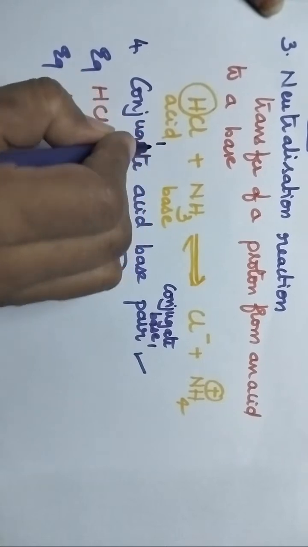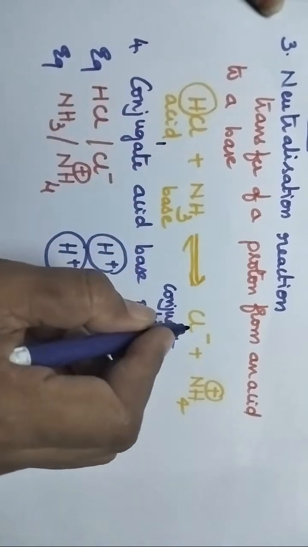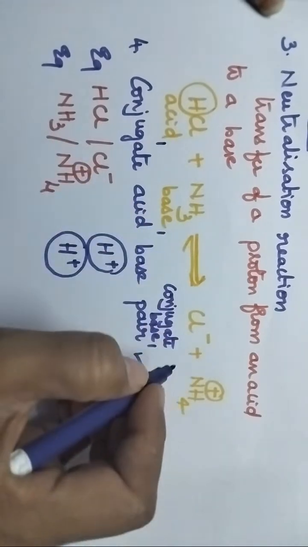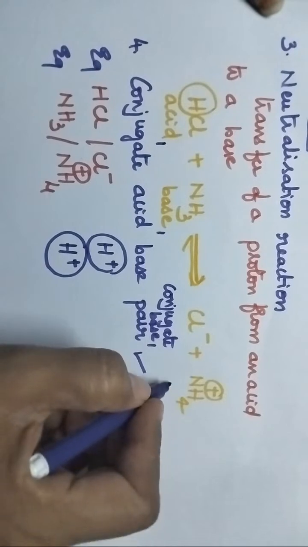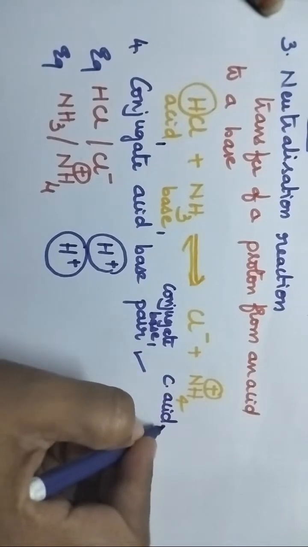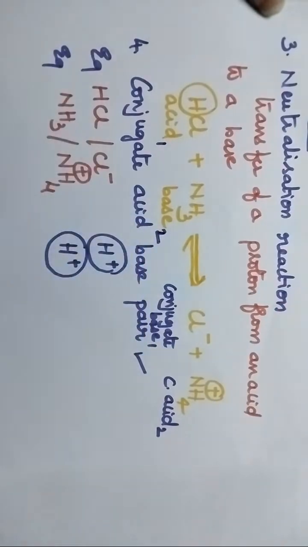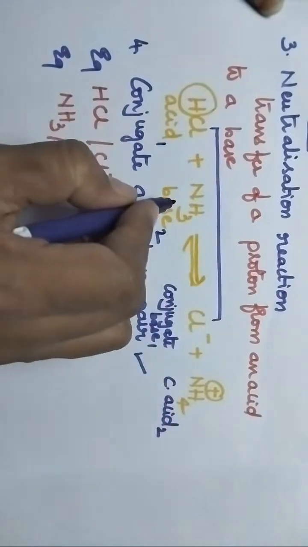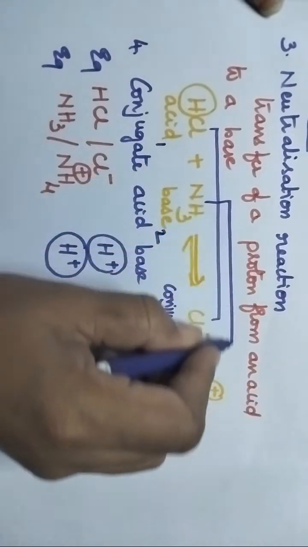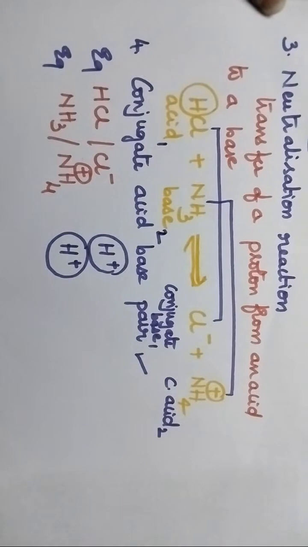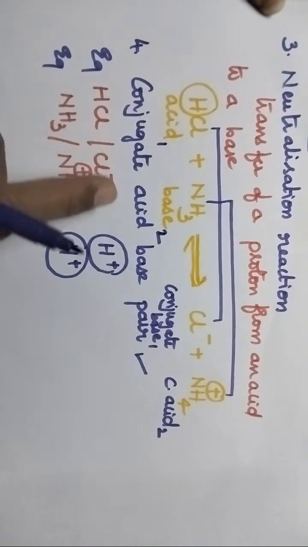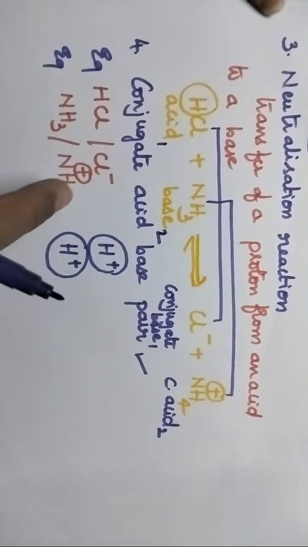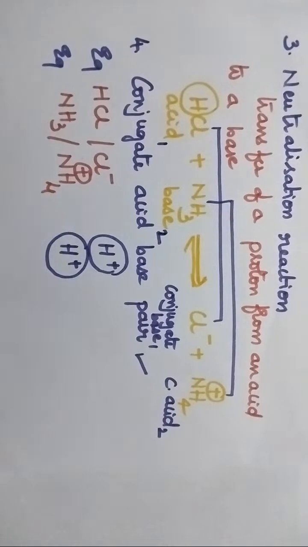It is acid 1 and its conjugate base is Cl minus. Ammonia is base 1 and its conjugate acid is NH4 plus, conjugate acid 2. Clear? HCl and Cl minus is one conjugate acid base pair, whereas ammonia and ammonium ion is another conjugate acid base pair. Clear?